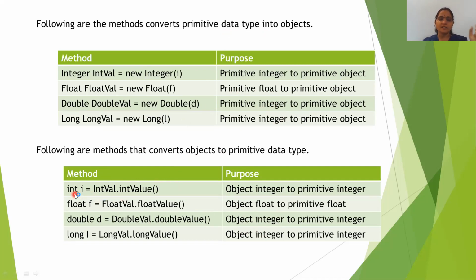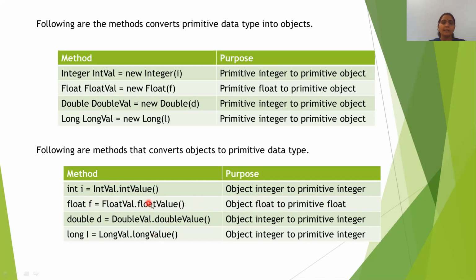So first we will see only the first method, and similarly all the methods. int i equal to intVal dot intValue. The object Integer is converted into the primitive integer. intVal dot intValue, floatVal dot floatValue, doubleVal dot doubleValue, longVal dot longValue.